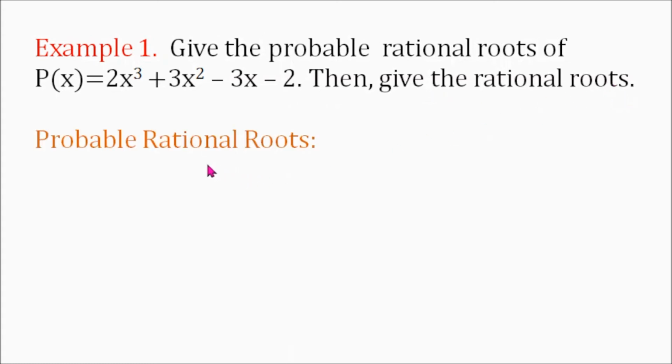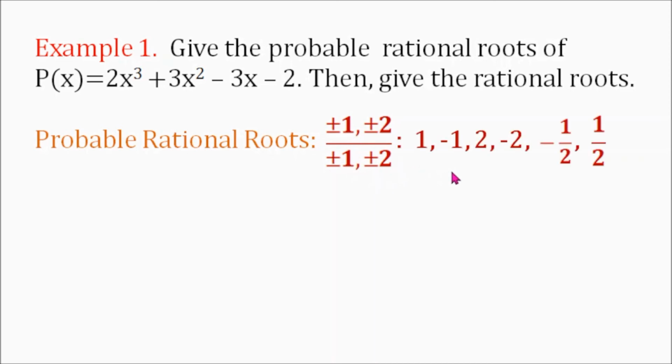So for the probable rational roots, we are going to get the factors of negative 2, and that will be our numerator, and the factors of 2 as our denominator. So picking one factor from the numerator and one factor from the denominator, we have these combinations. And these are the probable rational roots. So there are 6 of them.